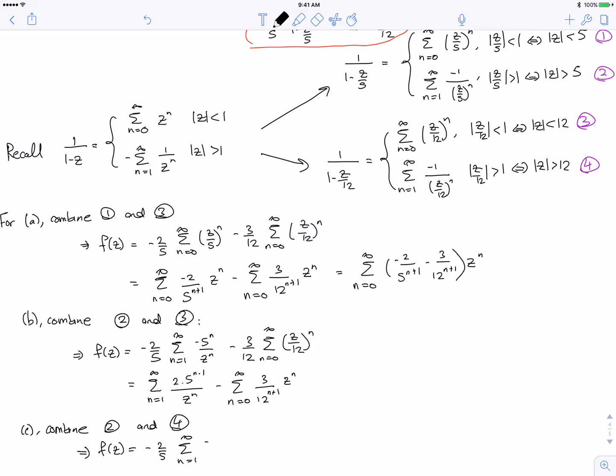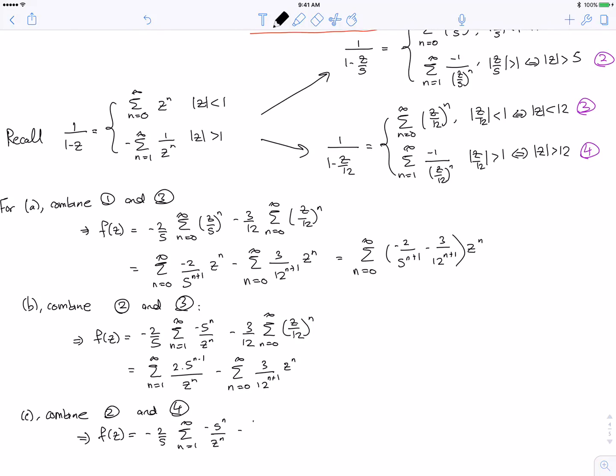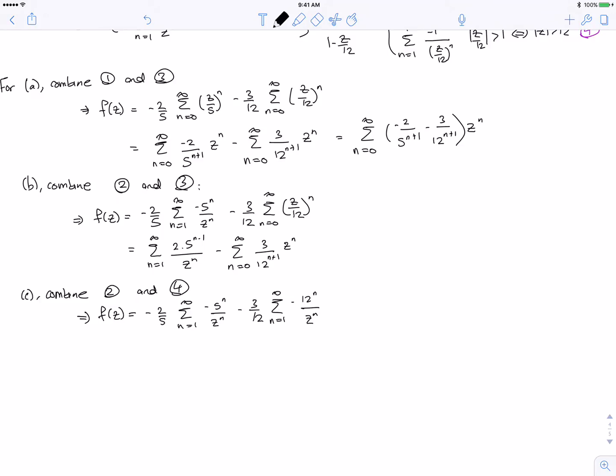which I can write as minus 5 to the power of n on z to the power of n. Then I have to do minus 3 on 12 times the series given in 4, which I can write as minus 12 to the n on z to the n. Okay, so let's tidy this up a little. So this is going to become positive 2 times 5 to the n minus 1 on z to the n.